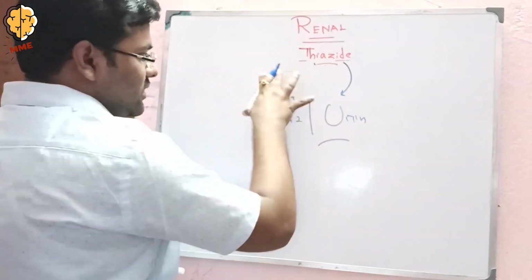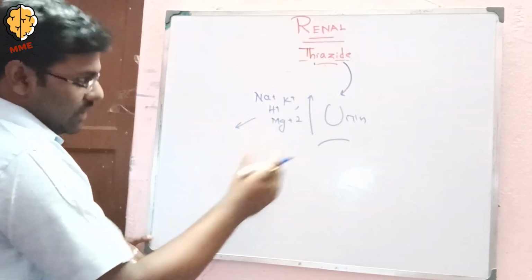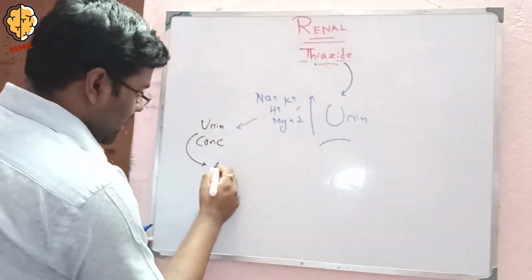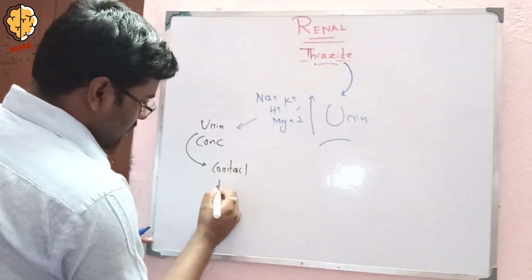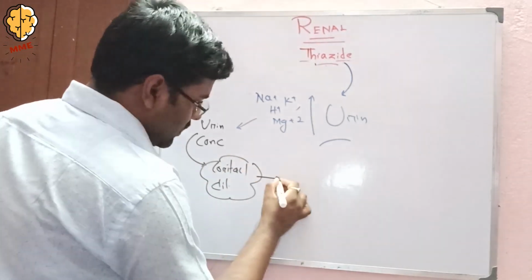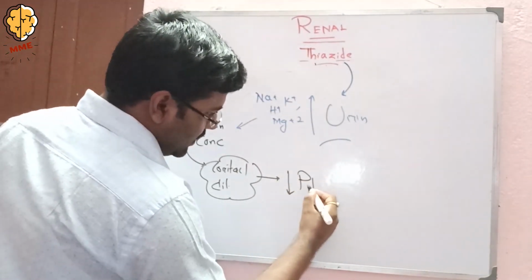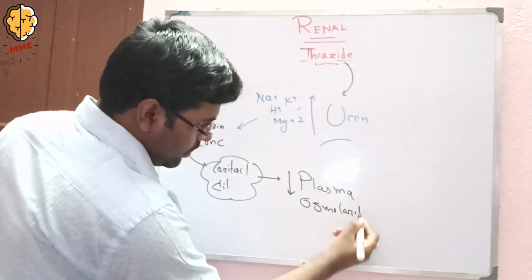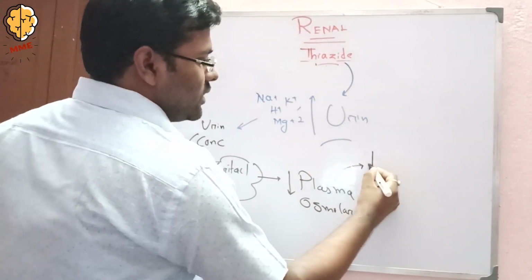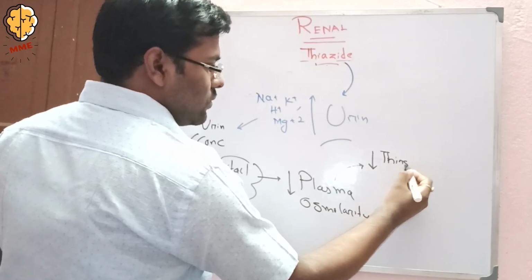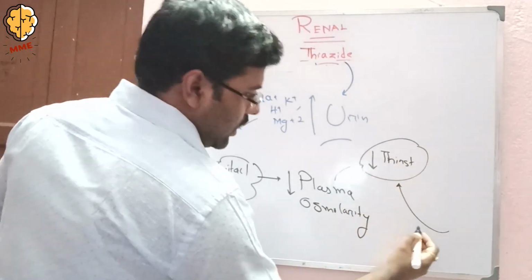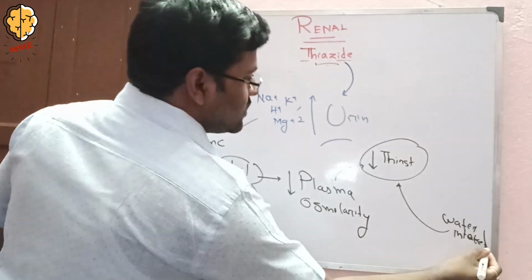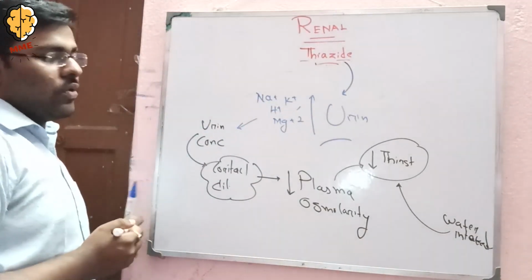Okay, if these ions are increased in the urine, the urine gets concentrated and affects the cortical dilution, and there is a decrease in the plasma osmolarity, and if the plasma osmolarity is decreased, then there is a decrease in thirst, and if the thirst is decreased, the water intake gets decreased, and if the water intake is decreased, then the urine outflow gets decreased.